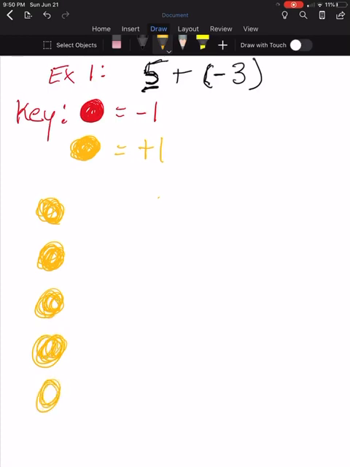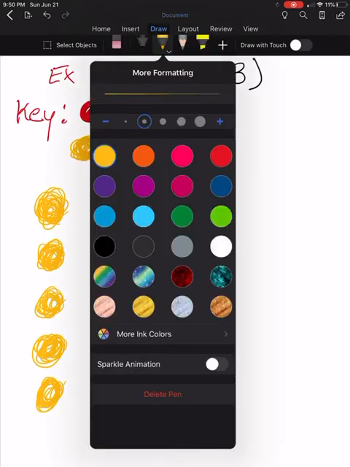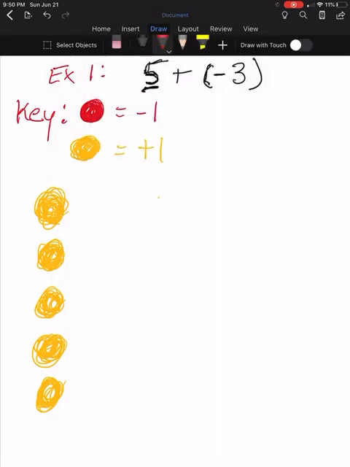I got 5 positive yellow chips. Then I go to my next one. I got what? 3 negative. So we know that's red. So I'm going to go 1, 2, 3.